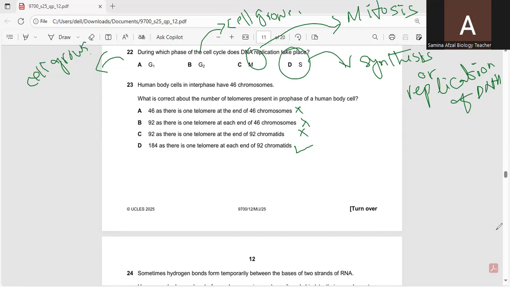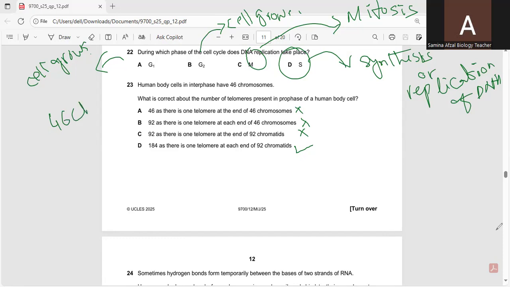So these two sister chromatids are joined together at the centromere. So when the cell enters prophase, it still has 46 chromosomes, but each one is made up of two sister chromatids. This gives a total of 92 chromatids.